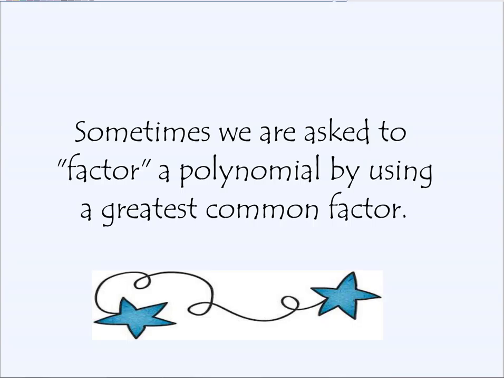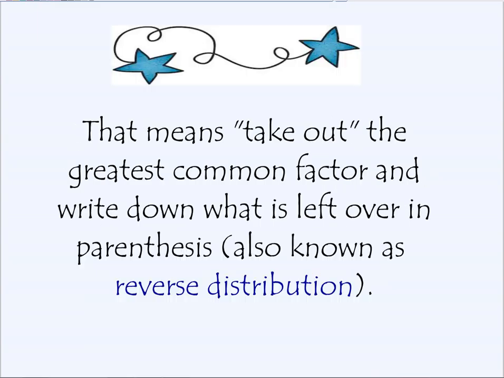So sometimes we're asked to factor a polynomial by using a greatest common factor, which is our main goal today. That means to take out the greatest common factor and write down what's left over in a set of parentheses, and this is also described as reverse distribution.